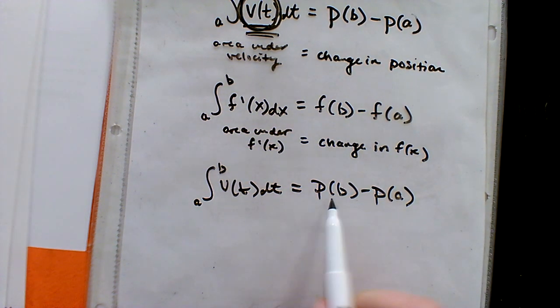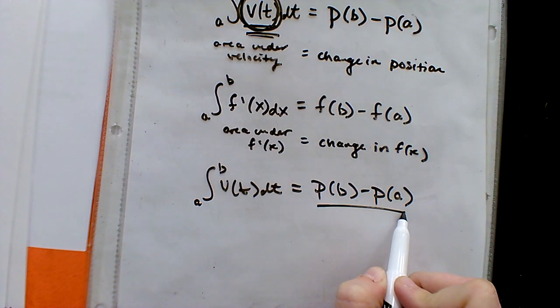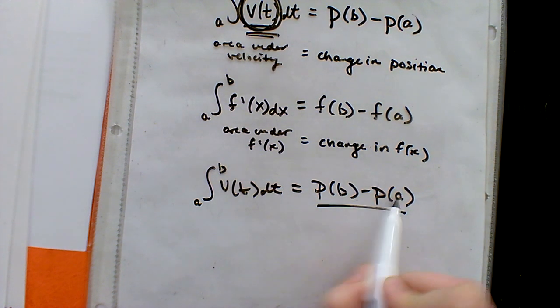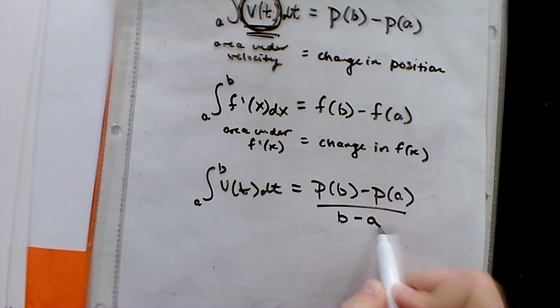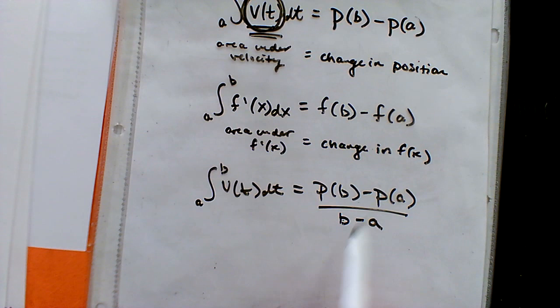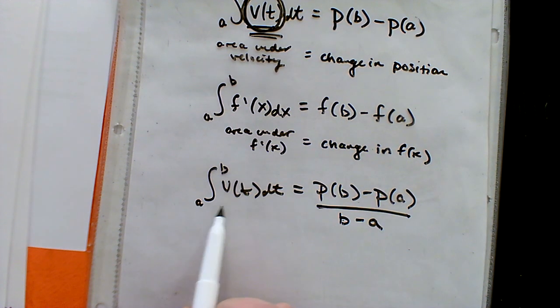What would I have to do to the change in position in order to get a velocity unit or a velocity value? What do you think, Anush? Divided by some time value. So if you take a change, these are essentially a change in y values. You'd have to divide it by a change in x values, meaning the respective x's. So if I divide this side by b minus a, I'd have to divide this side by b minus a.